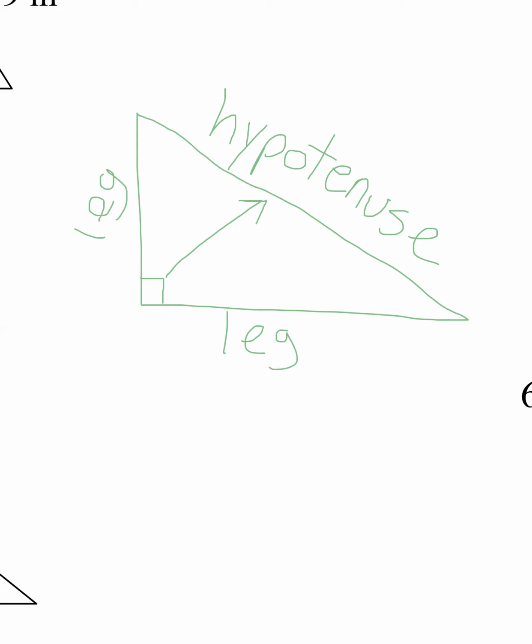Now it turns out that there is a formula called the Pythagorean theorem, named after Pythagoras. I'm just going to give the legs each a variable. Let's say that this leg is A units long, this leg is B units long, and I'm going to call my hypotenuse C. He discovered that if you take the two legs and square them both, so A squared, add to that B squared, guess what?